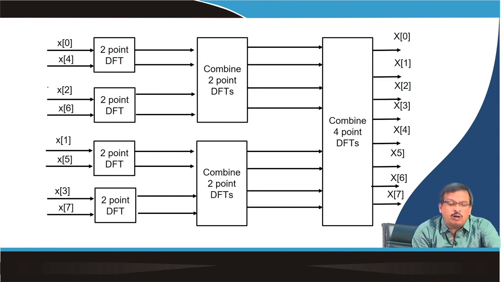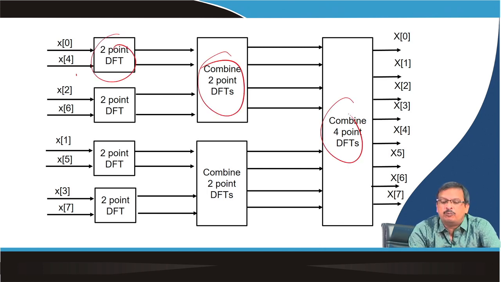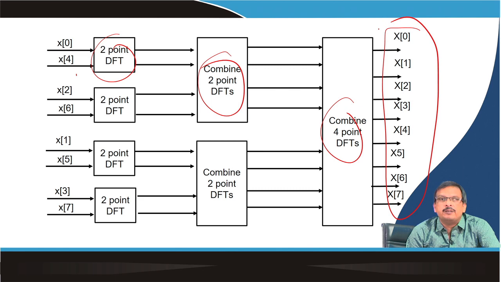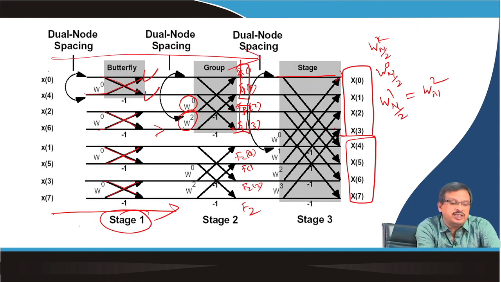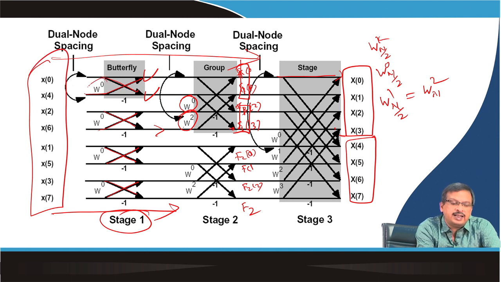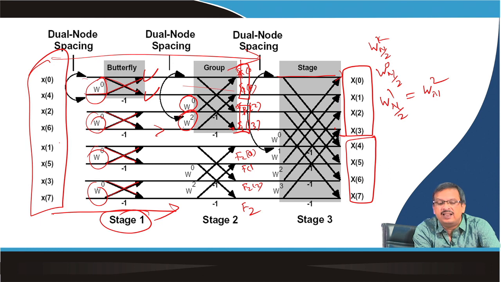And what is the signal flow? We take the 2 point DFT, then 2 point combine, then 4 point combine, and I get the complete DFT. So, the signal flow is like this, from this stage to this stage, because this portion I know, I can calculate this weight factor and I can flow the signal in this direction, I get this one.